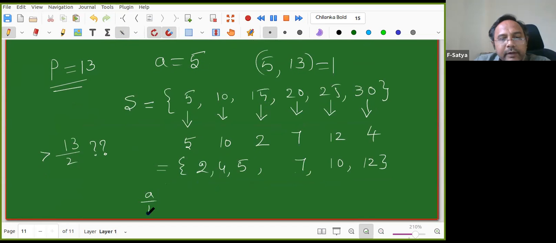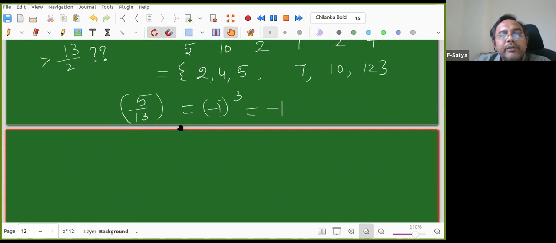So he said the Legendre symbol A by P is equal to minus 1 to the power of this 3. In particular, in this example, the Legendre symbol of 5 modulo 13 is equal to minus 1 to the power 3, so it is equal to minus 1. What is the meaning of that?